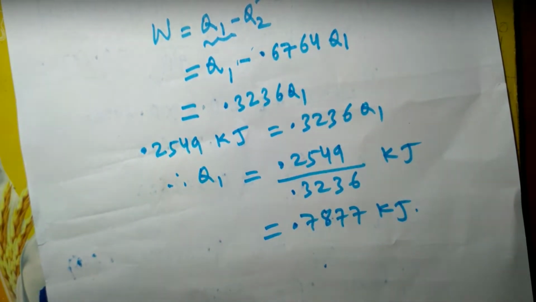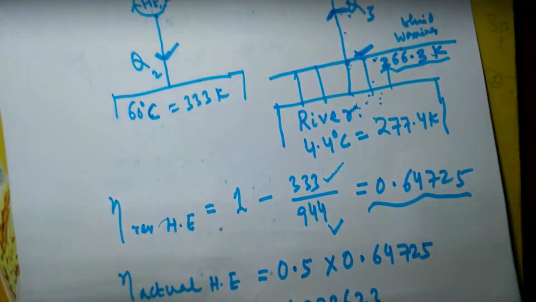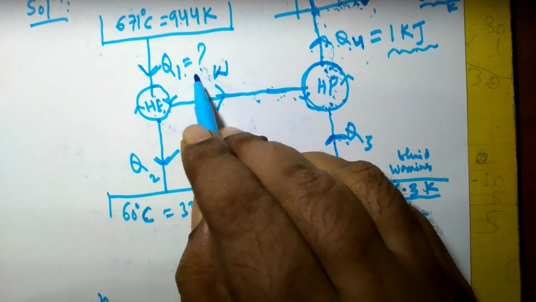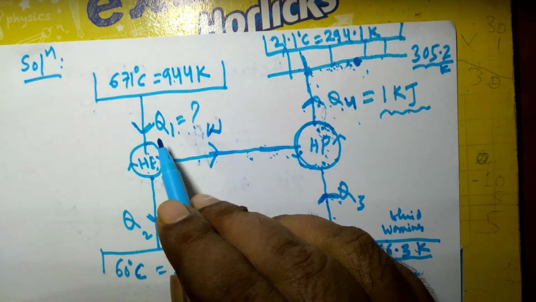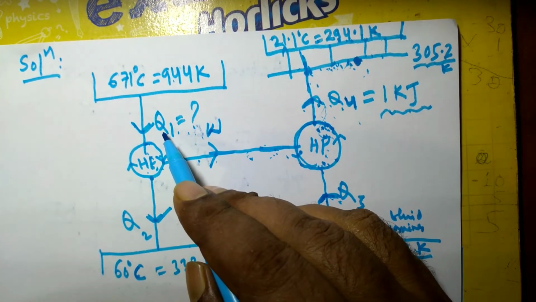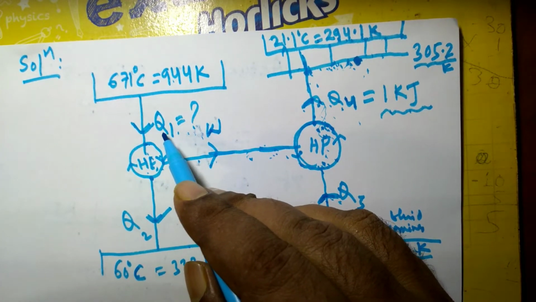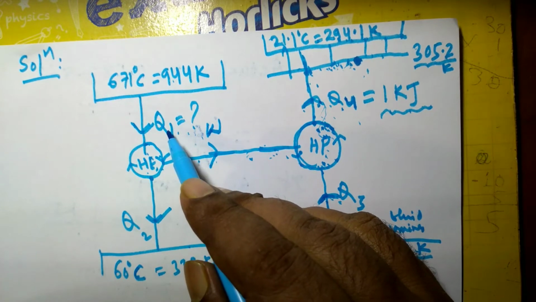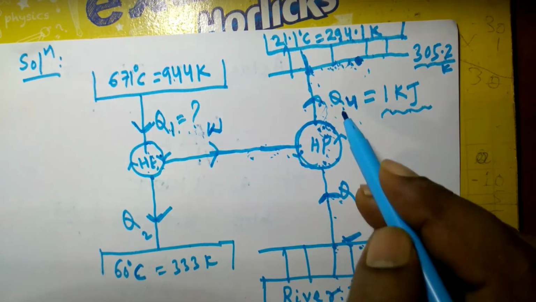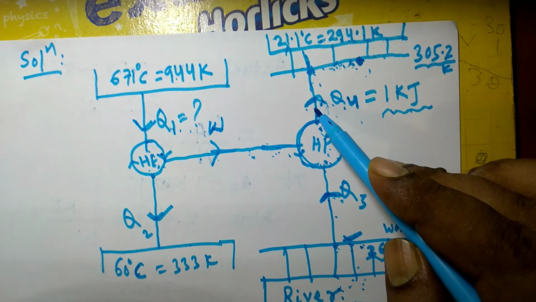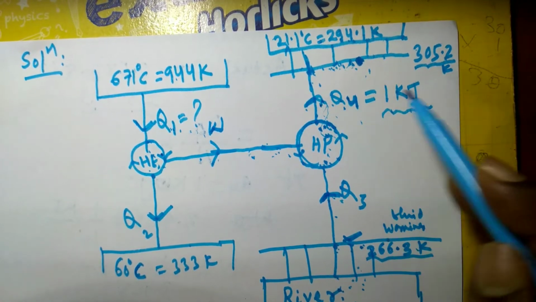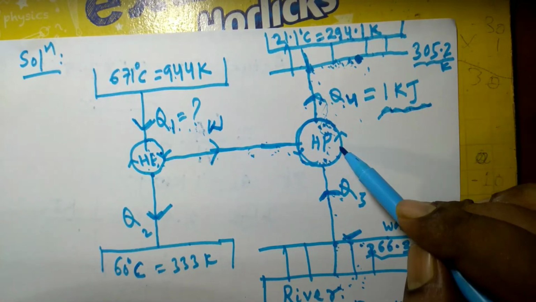So on supplying an amount of 0.7877 kilojoule of heat to this heat engine, we are able to extract 1 kilojoule of heat from a heat pump.